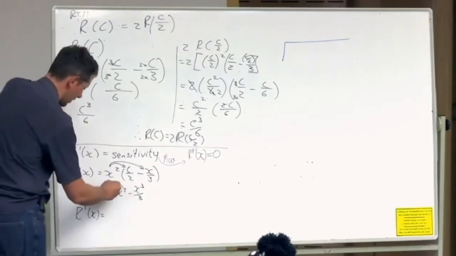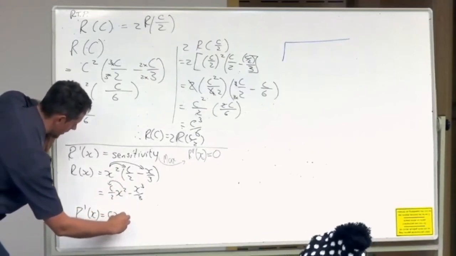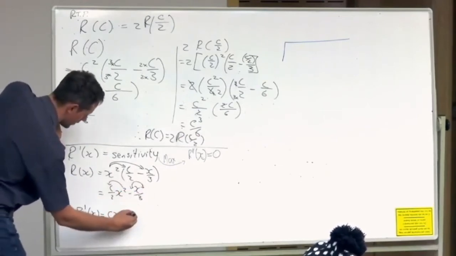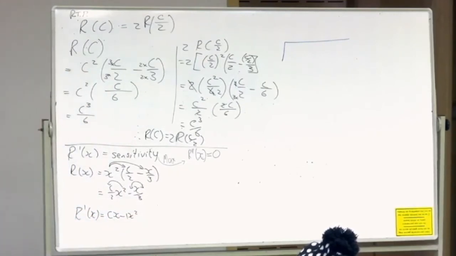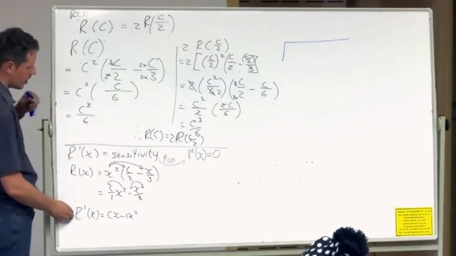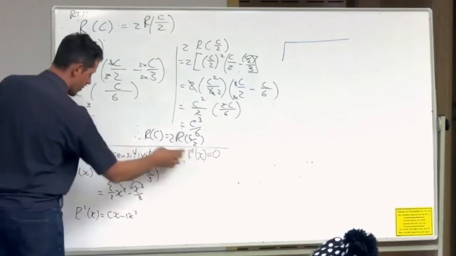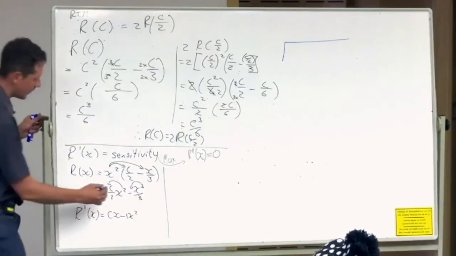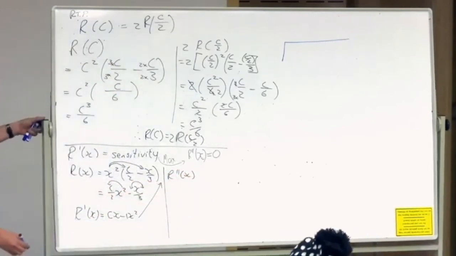So if I differentiate this, 2 times a half is 1. So I'm left with Cx. 3 divided by 3 is 1, x squared. And there I now have an expression that measures sensitivity. So now I've got to go and differentiate this. If I differentiate this to get it to a maximum, it becomes R double accent of x.